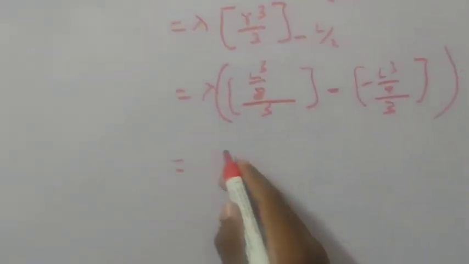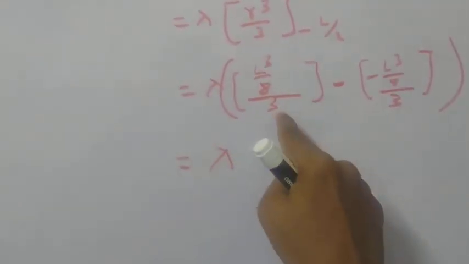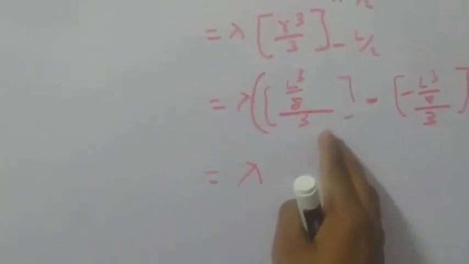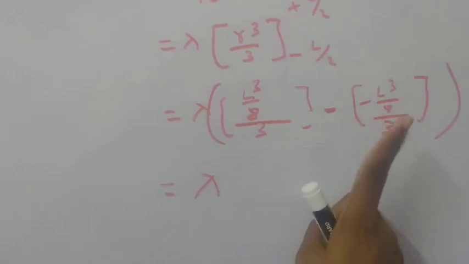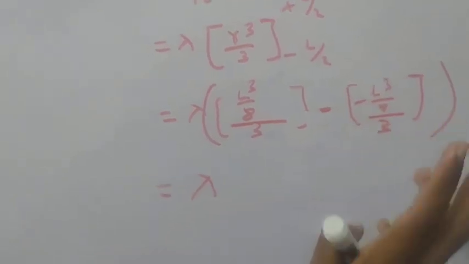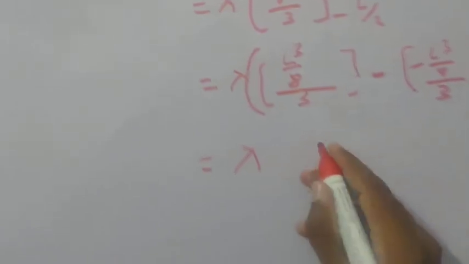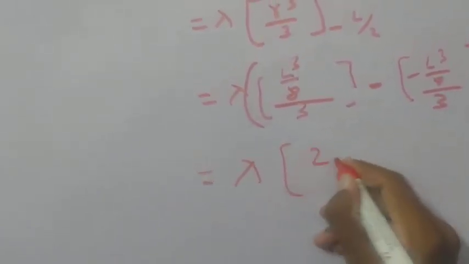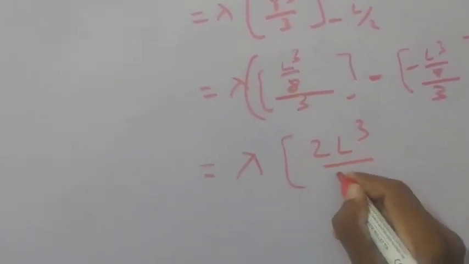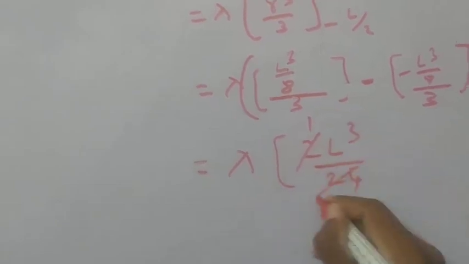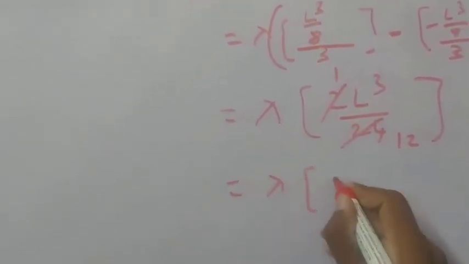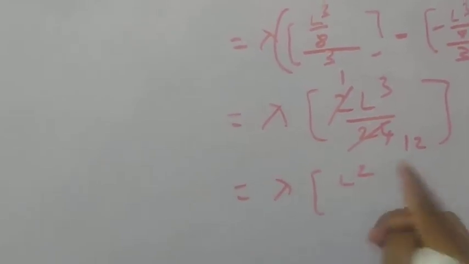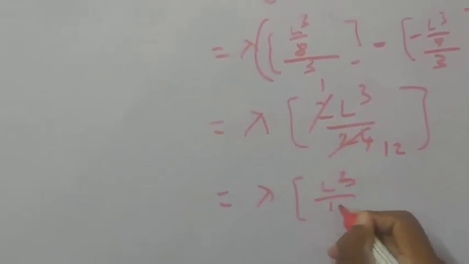If we add both, we get lambda, and the 3 goes to the denominator. This becomes L cube by 24, and minus of minus is plus, L cube by 24. So 2L cube by 24 will be our answer. We cancel this to get L cube by 12, so lambda L cube by 12.